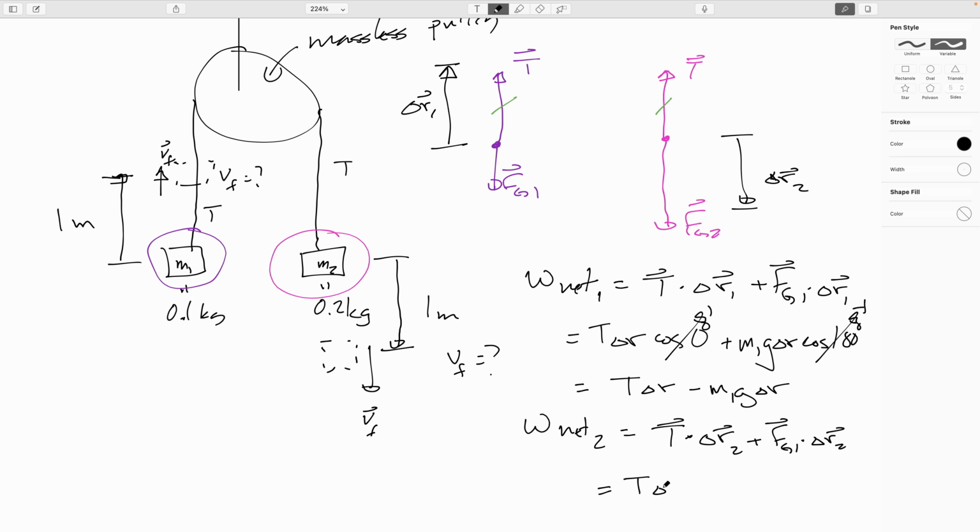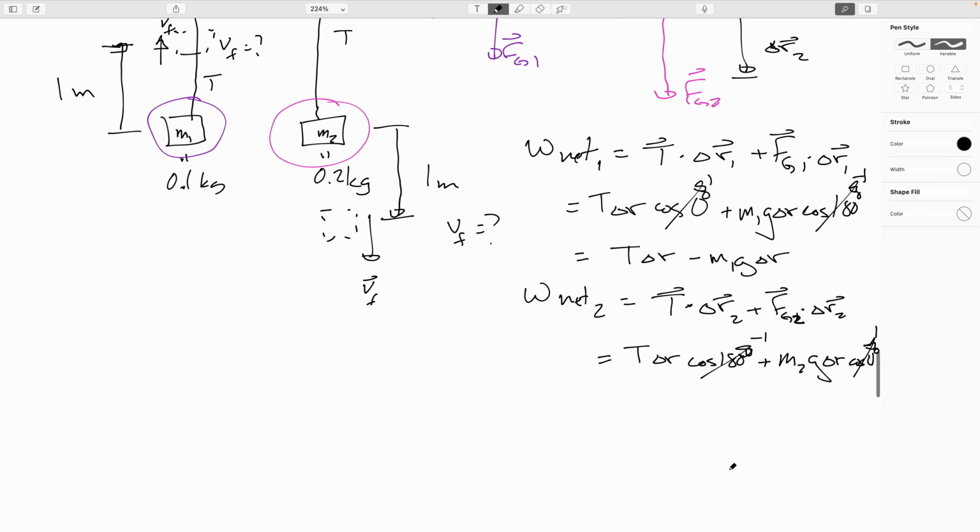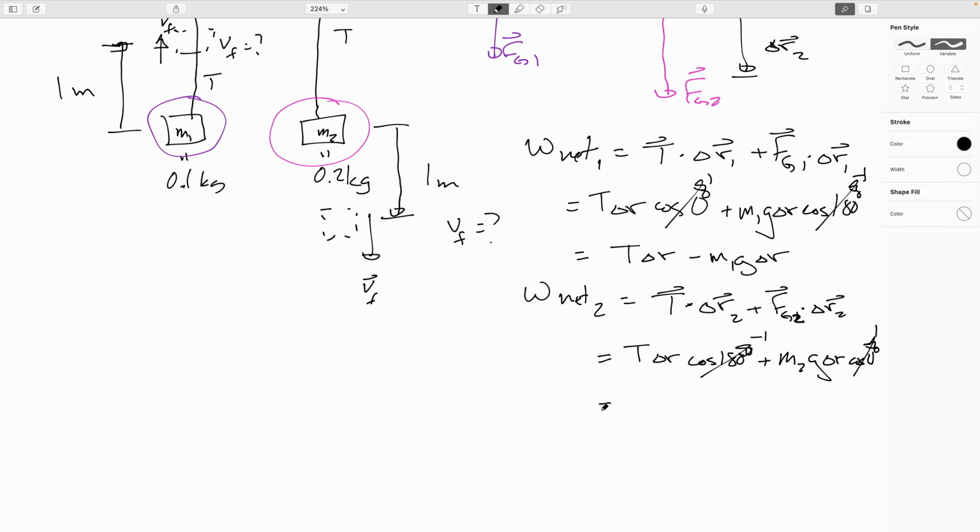This is going to be T times delta R times the cosine of 180 degrees because T is pointing up, delta R is pointing down, plus the force of gravity, sorry, FG2. The force of gravity on object 2 will be M2G, times delta R times the cosine of the angle between them, but now they're both pointing down, so the angle between them is 0. So cosine of 0 is 1, cosine of 180 is -1, and you get that the work done on mass 2 is equal to T delta R minus M2G delta R.